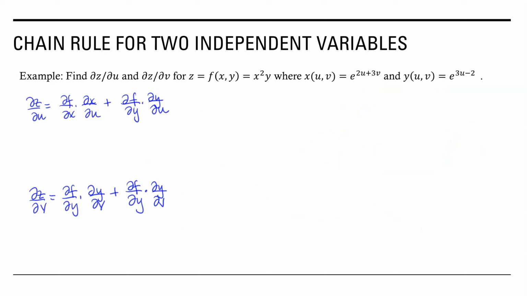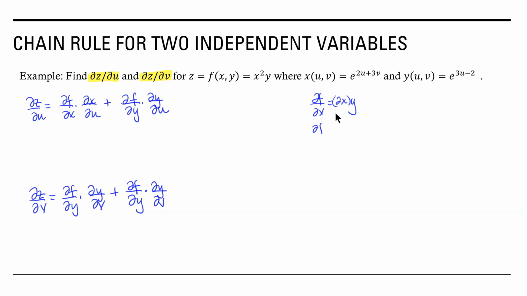So let's look at a quick example. We want to find the partial of z with respect to u and the partial of z with respect to v. So we have the two formulas here that we need to use. And here are our functions. So what we need to do is basically find the partial derivatives for all of these functions. So the partial of f with respect to x is going to be 2x times y.